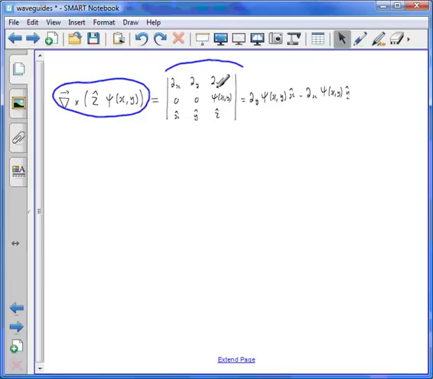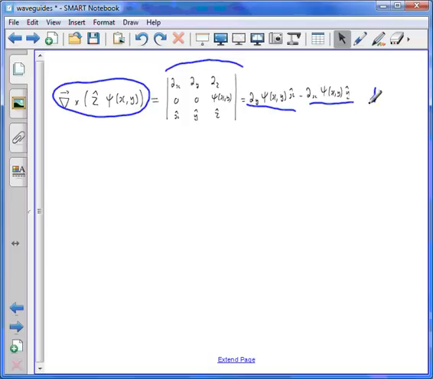Taking the determinant of this, we immediately see that the first term is just dy psi times x, and the second term is basically dx psi times y. And we immediately see that there's no term which involves the z unit vector.